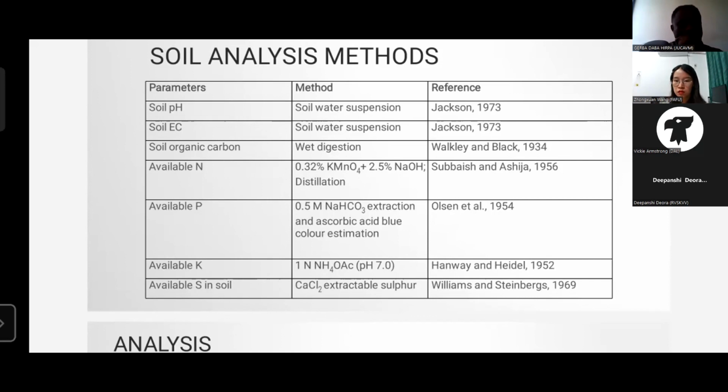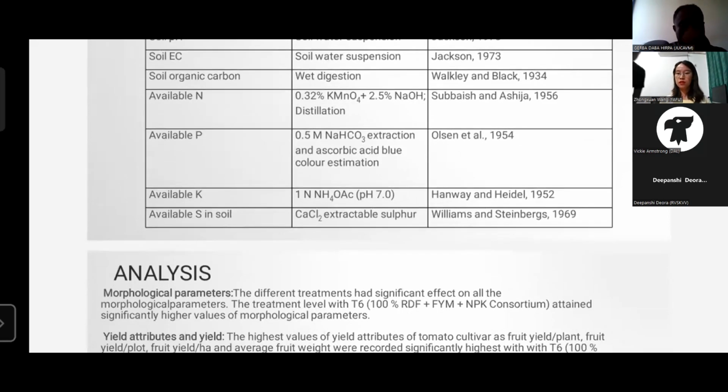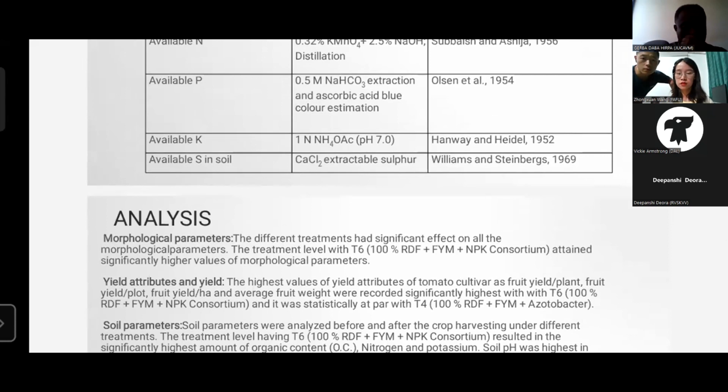Available phosphorus, 0.5 M sodium bicarbonate extraction and ascorbic acid blue color estimation, given by Olsen et al. 1954. Available potassium, 1N NH4OAc pH 7, Hanway and Heidel 1952. Available sulfur in soil, calcium chloride extractable sulfur, given by Williams and Steinbergs in 1960.